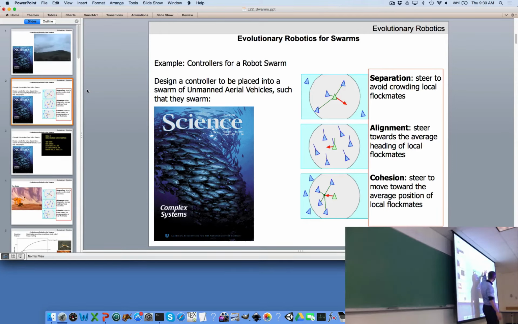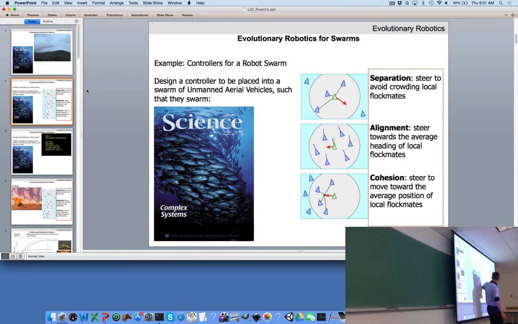But if they're generally far away, so the influence of your neighbors is relatively less, then move towards them. So if you're crowded too much, turn away. If you have room to breathe, look at all of your neighbors and turn towards the average position of your neighbors.